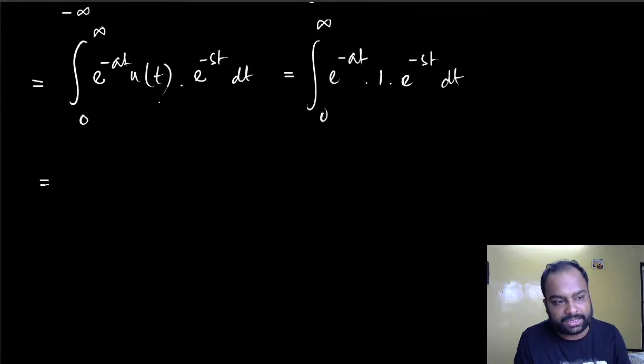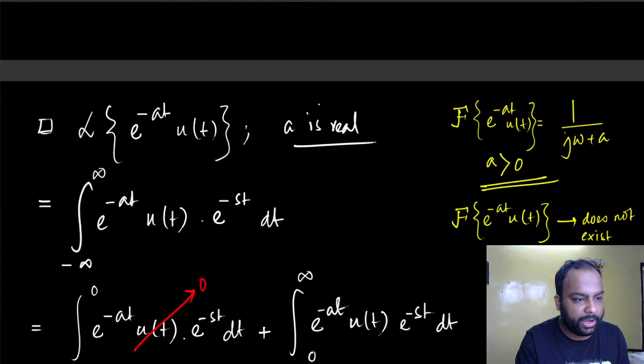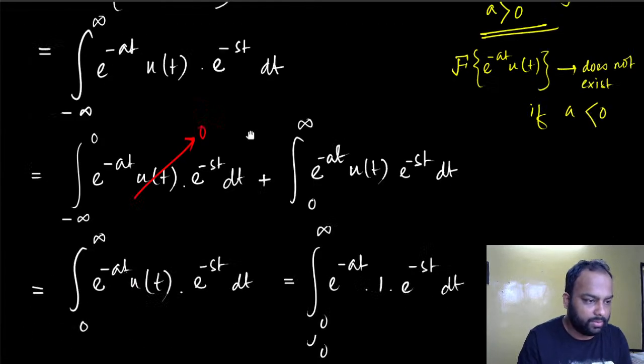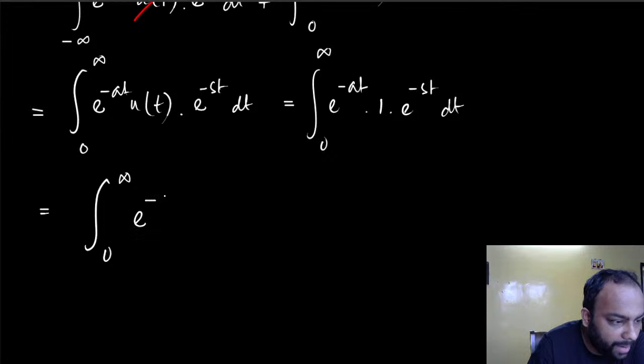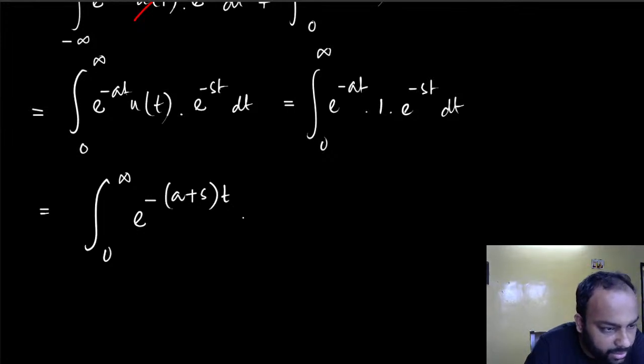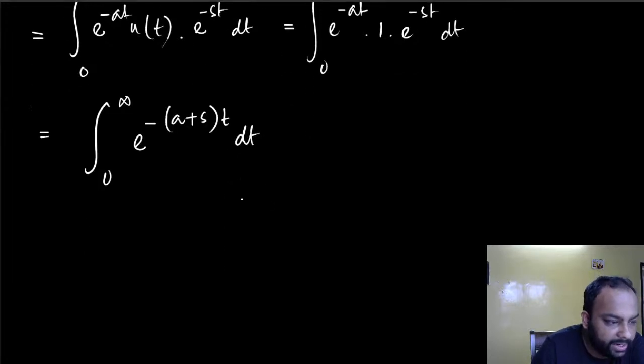With the Laplace transform we can actually have conditions under which a could be a complex number as well, but we will treat that later. So I would have the integral of e to the power minus a plus s t dt.